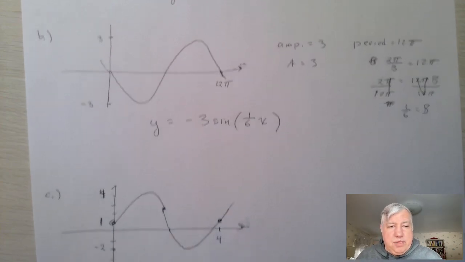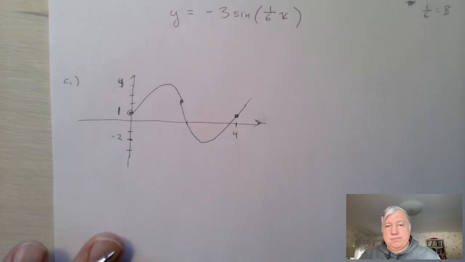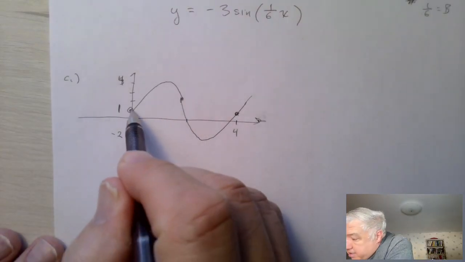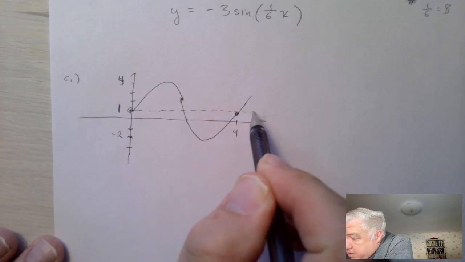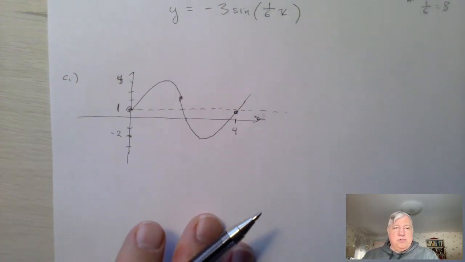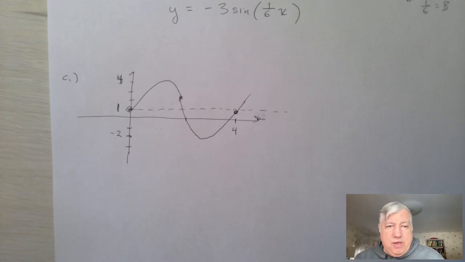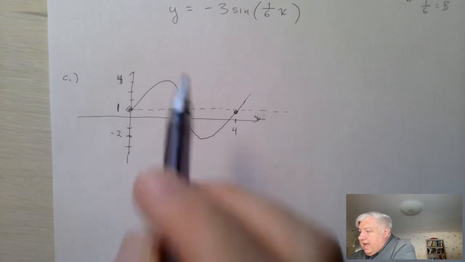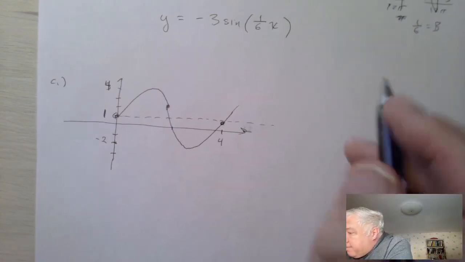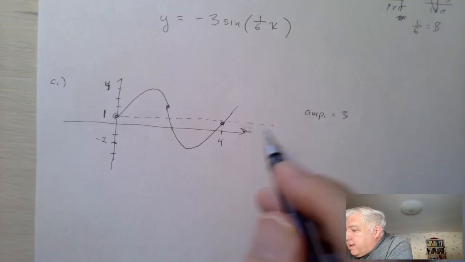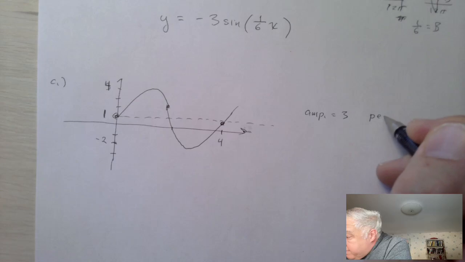All right, let's do one more here. Here we have a different center line, right? This is sitting on the line y equals 1. The amplitude is going to be 3 again, and the period is 4.